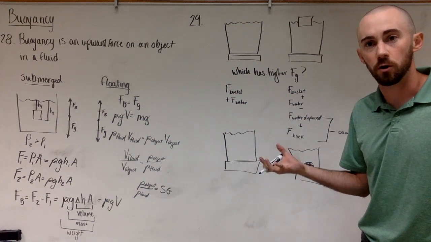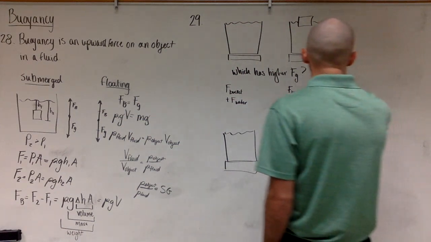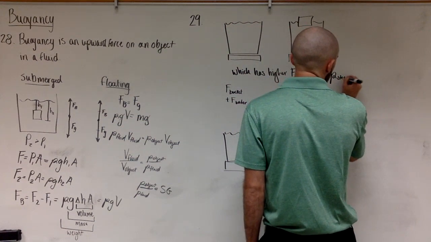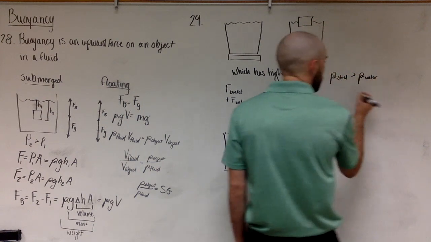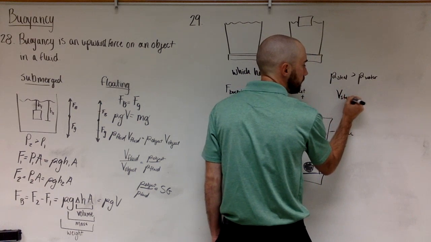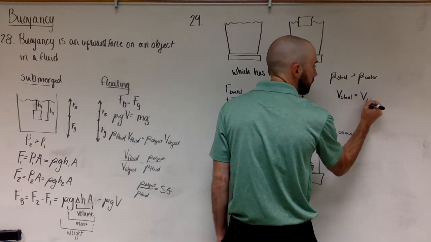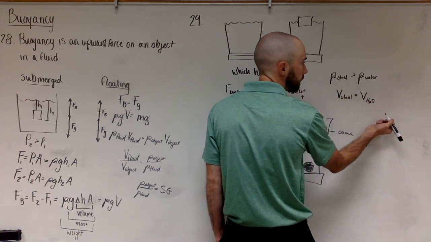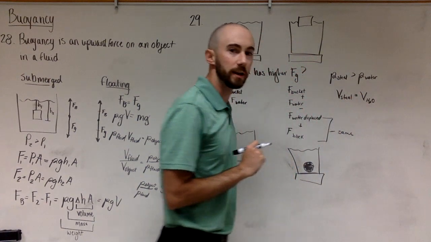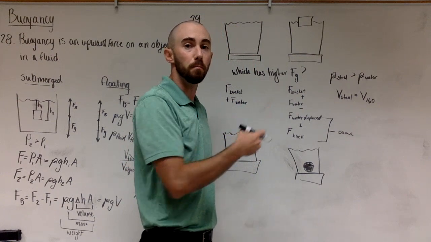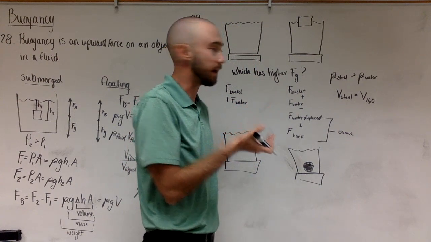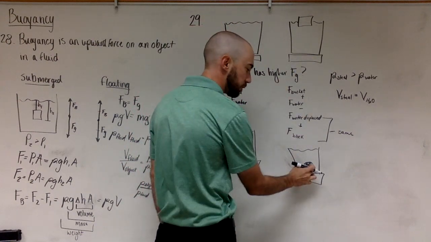That means for the same volume, because rho steel is greater than rho water, the volume displaced by the steel is exactly equal to the volume of the steel. But because the steel has a greater density, it's going to have more mass for that same amount. So now I have more gravitational force.